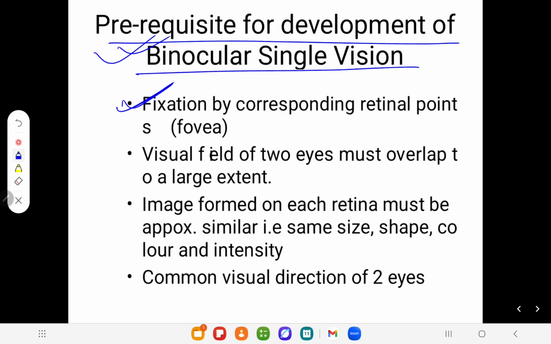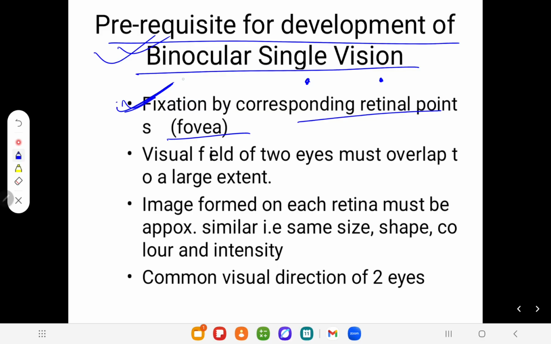First, to develop binocular fixation, you need corresponding retinal points. Fixation must be at corresponding points. One fovea is corresponding to the other fovea. That's the normal retinal correspondence. If one fovea is corresponding to another, non-foveal point, then it will be anomalous retinal correspondence, which is called ARC, isn't it?